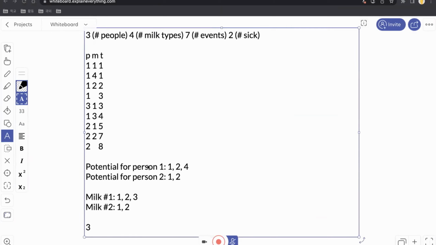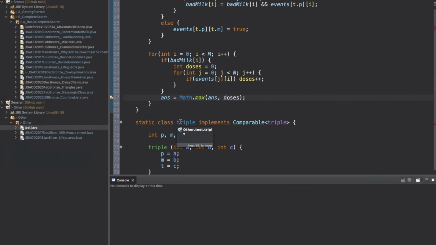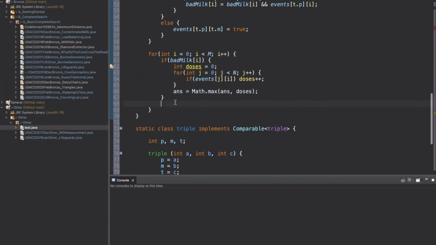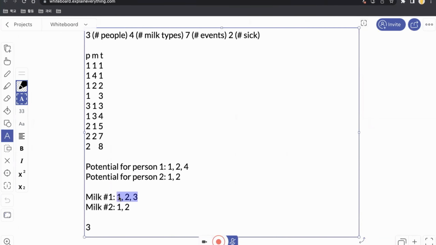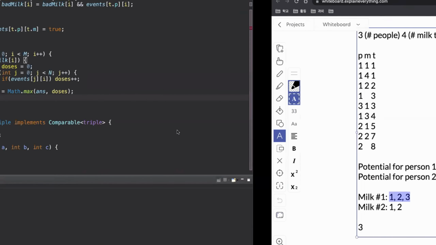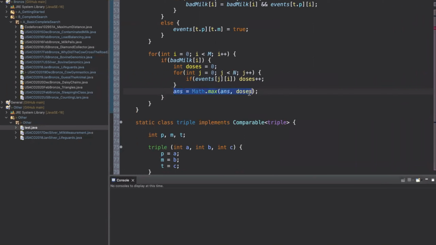And this is the part where we're looking here and we see that for milk 1 there's 3 and for milk 2 there's 2, and we're taking the maximum, and that's what we're doing in this line.